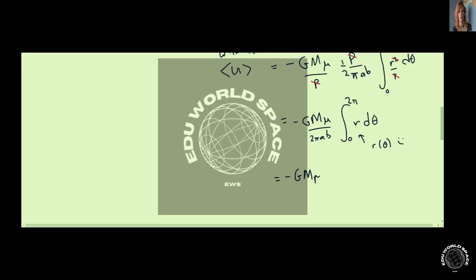Which sounds so innocuous. And there's some constants that come out. Orbital parameters. And we're left with this nasty looking beast, which doesn't look nasty, but it actually is nasty.